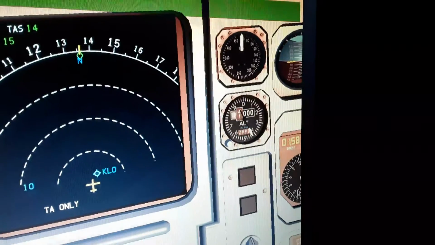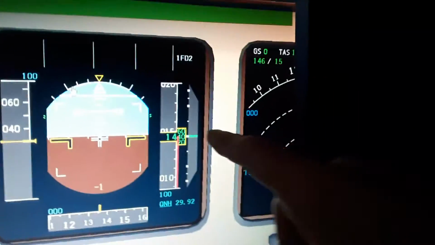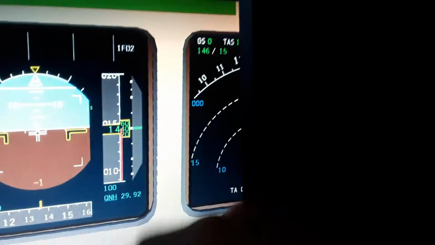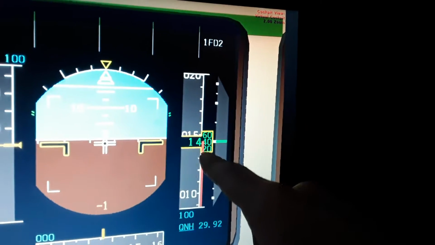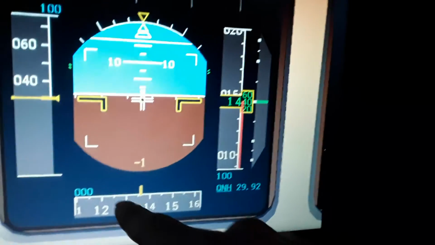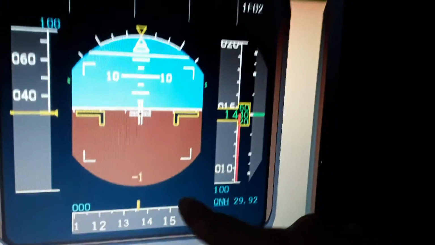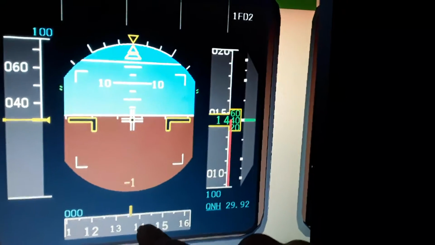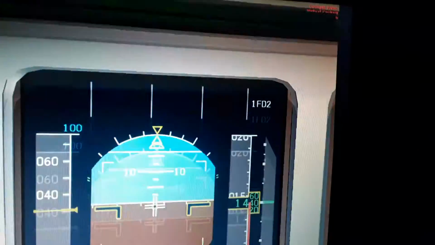So here we have the airspeed indication and the altitude indication, which is the barometric altitude. Right now it's 1,430 feet, and here is the magnetic or true heading of the aircraft. Right now it's 136 degrees.